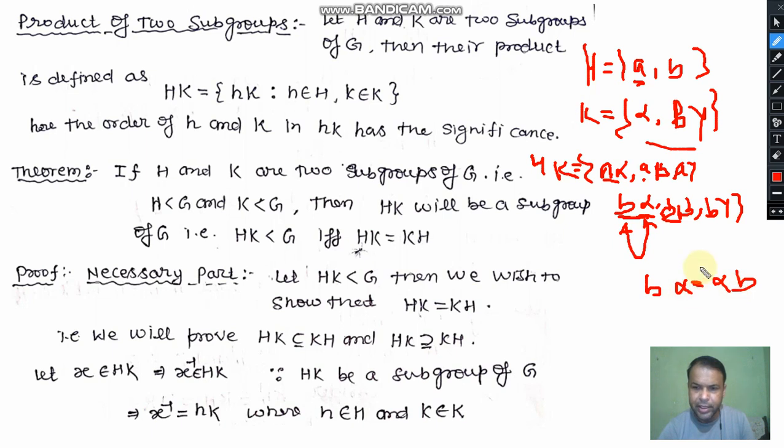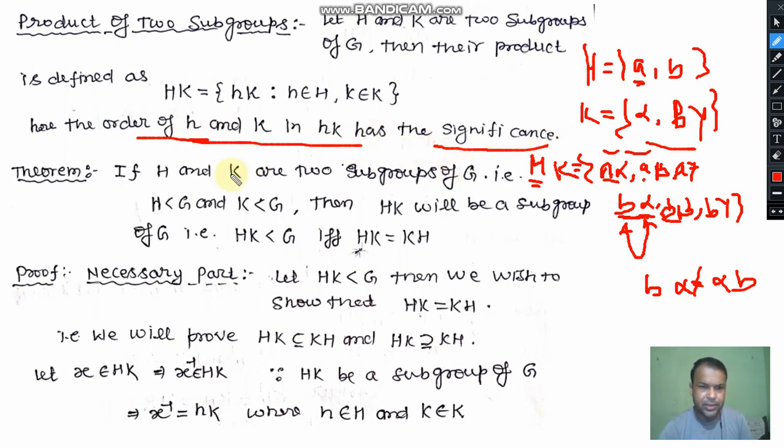It may be equal if you are taking a commutative group, but if H and K are not commutative, then this result is not guaranteed to be true. So you have to be very careful. If you are writing H first, then all elements of H will be written first. So this is the definition, and the order of H and K has its significance.